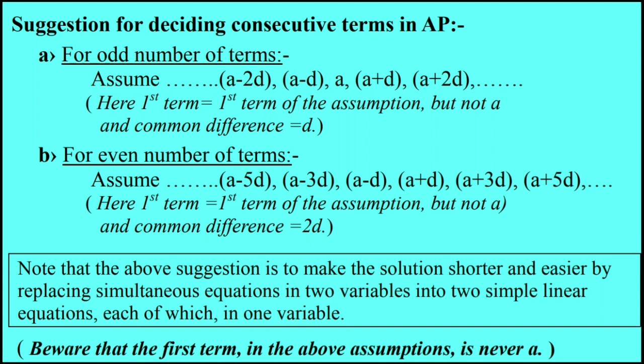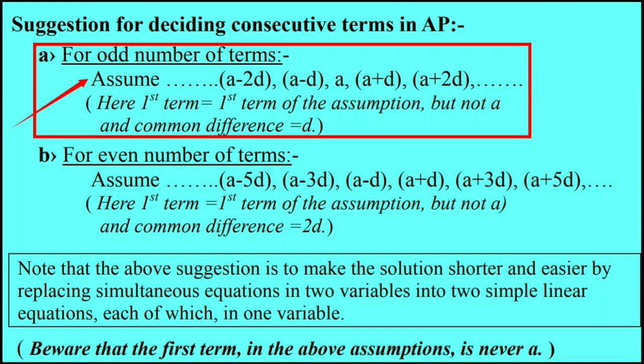Let's observe. The first suggestion is, if you have to assume an odd number of consecutive terms of an AP, the arithmetic progression, then we assume as mentioned here.